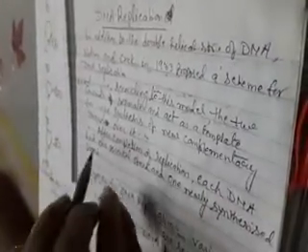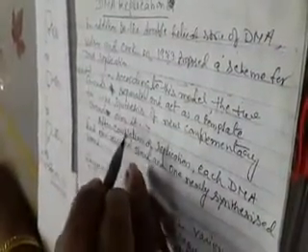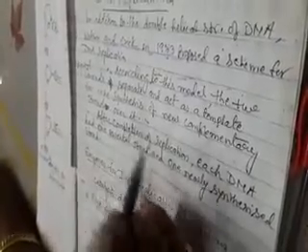So now we see, according to the model of double helical strands of DNA, the two parental strands separate and act as a template like this. This is the structure of DNA.